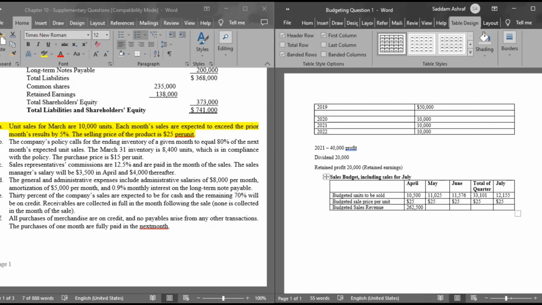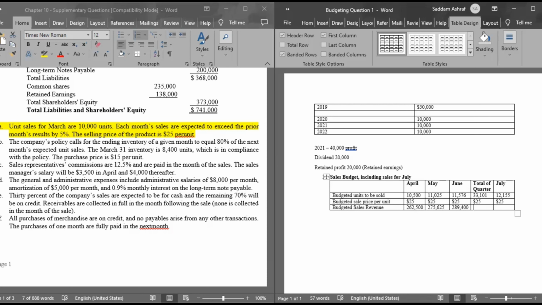Can you please calculate the next value? 275,625. Okay, next. 289,400.